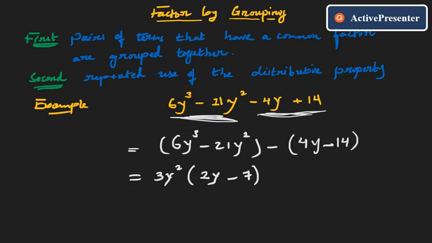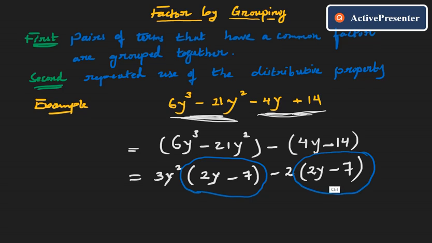What about here? If we take, for example, 2 outside, we will be left with 2y minus 7. You can see right now these two resulted.